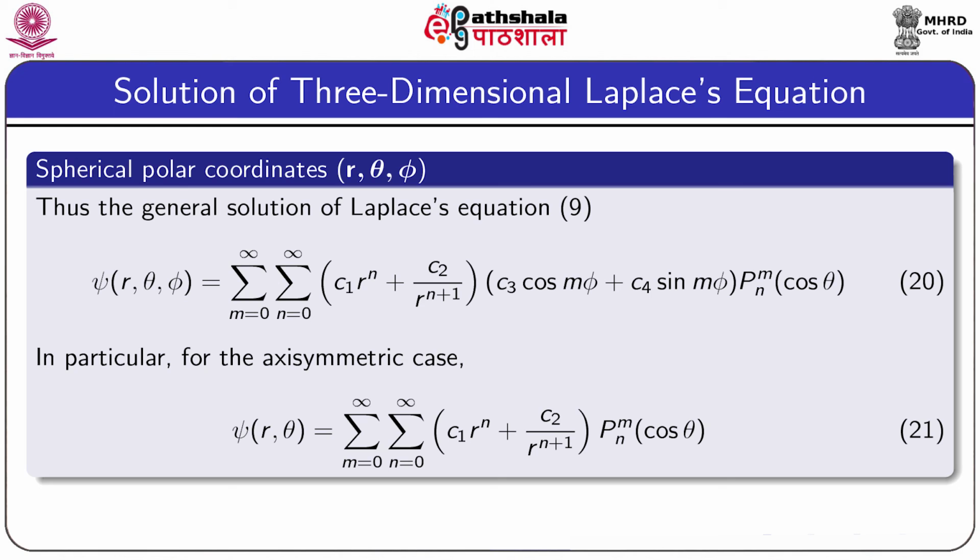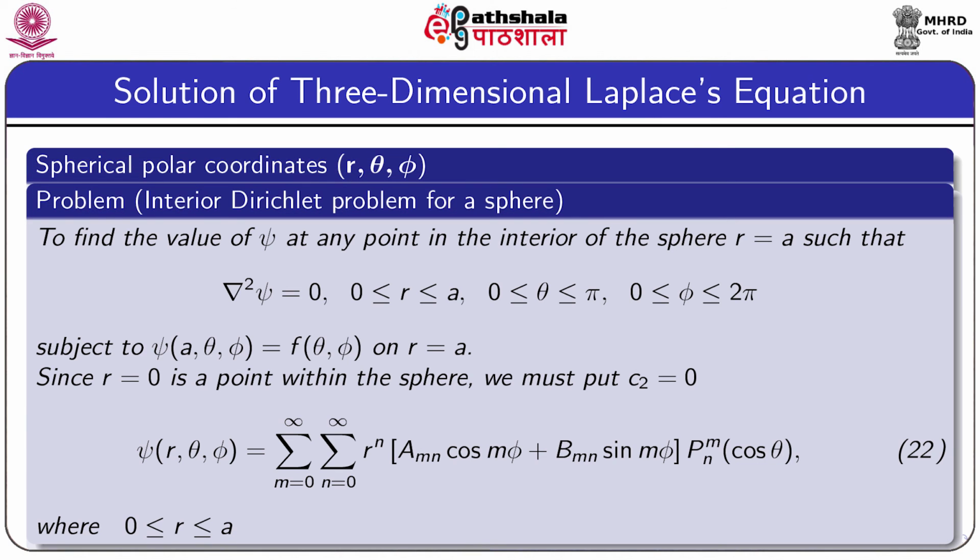Since r equal to 0 is a point within the sphere, the solution must exist at r equals 0. But if you see the general solution, this solution does not exist at r equals 0 if C2 is not equal to 0. So, we take C2 equal to 0. So, the solution can be written in this form.